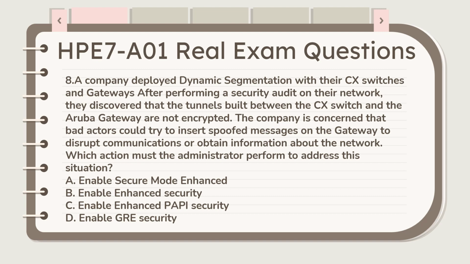8. A company deployed dynamic segmentation with their CX switches and gateways after performing a security audit on their network. They discovered that the tunnels built between the CX switch and the Aruba gateway are not encrypted. The company is concerned that bad actors could try to insert spoofed messages on the gateway to disrupt communications or obtain information about the network.